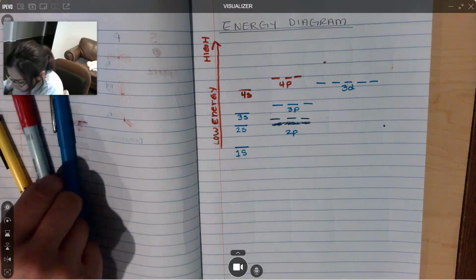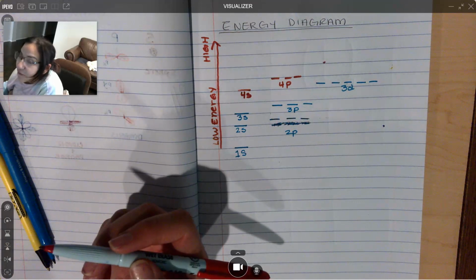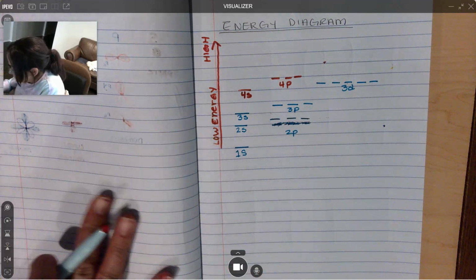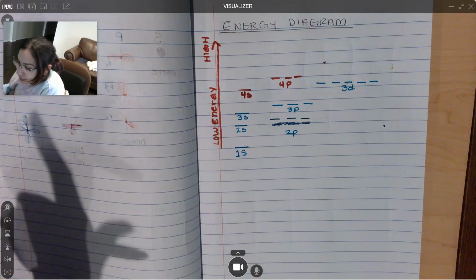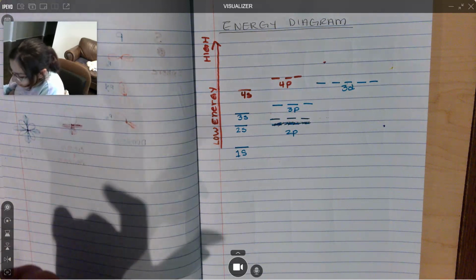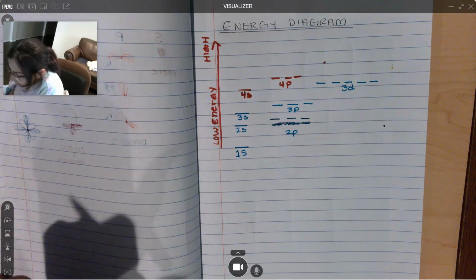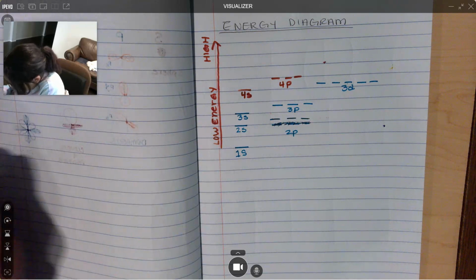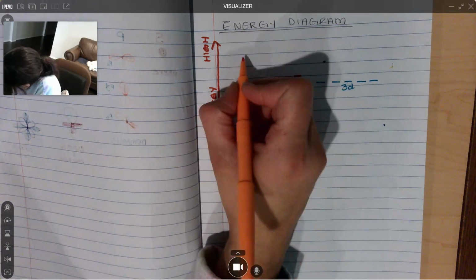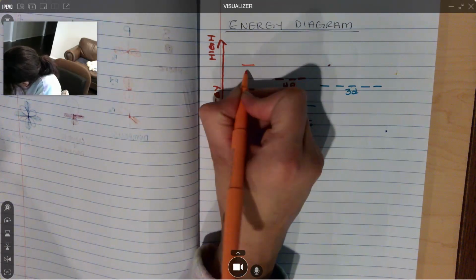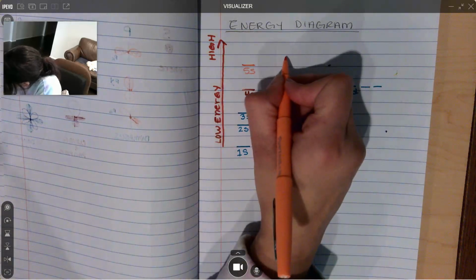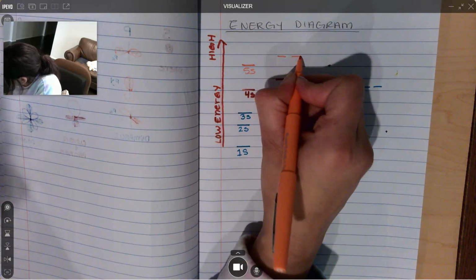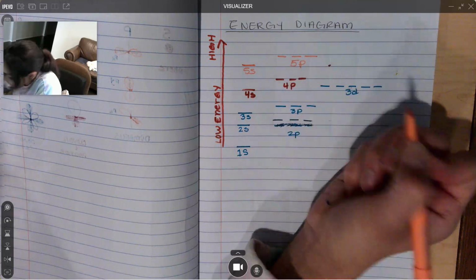All right. Now, continuing on, remember N equals 4 has an S, a P, a D inside of it, right? And it's also going to have an F sublevel. But we don't want to get super lost yet. So let's go ahead and write our 5S and our 5P. 1, 2, 3, 4, 5P.